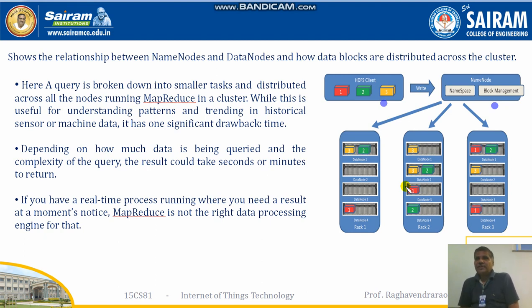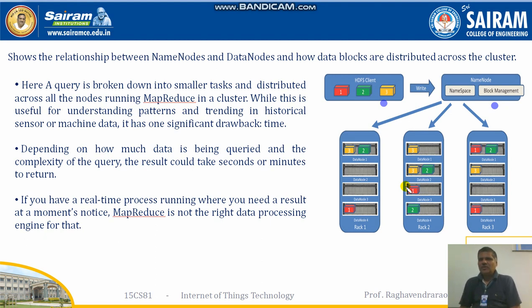Depending on how much data is being queried and the complexity of the query, both are considered. The result could take seconds or minutes to return. So now you can see that there is a split: green, yellow and red, different types of data and queries.